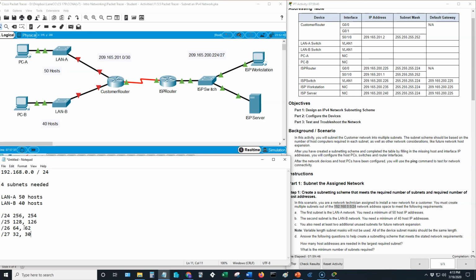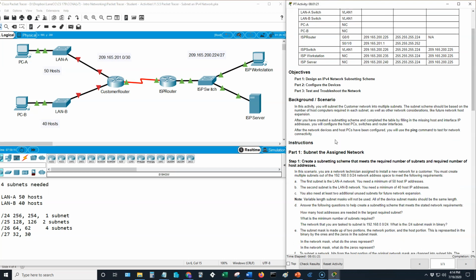It also will allow me to put up to 4 subnets. If I look at this a little differently, a /24 has only 1 subnet, a /25 will have 2 subnets, and a /26 will have 4 subnets. So as we decrease the host portion, the number of subnets we have increases.